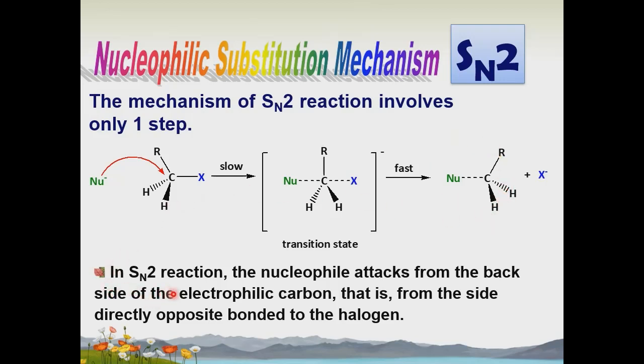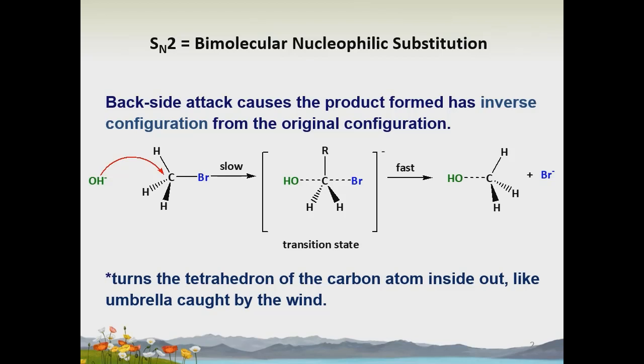So in an SN2 reaction, the nucleophile will attack from the back side of the electrophilic carbon, and this is actually the opposite side from the bonded halogen. Backside attack means that the nucleophile is going to attack the electrophilic site at the opposite side from which the halogen is attached to the carbon.